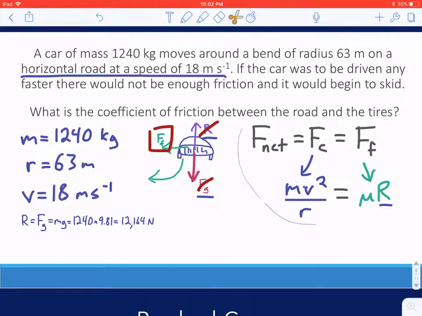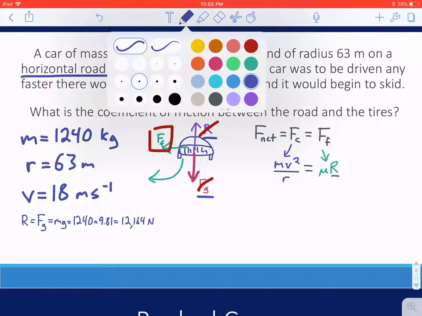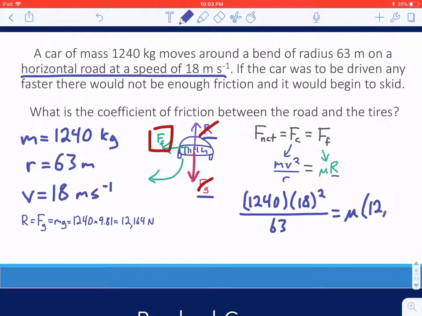So with all of that in mind, we can plug in what we know and solve for what we don't. We know the mass is 1,240. The velocity is 18 meters per second, and we square that, divided by the radius, 63. And that is equal to mu times R, which we just calculated was 12,164 newtons.